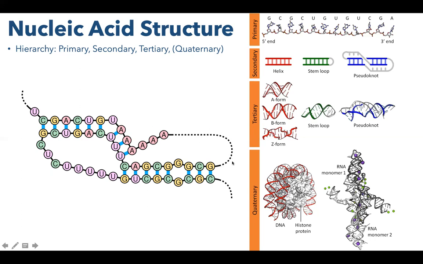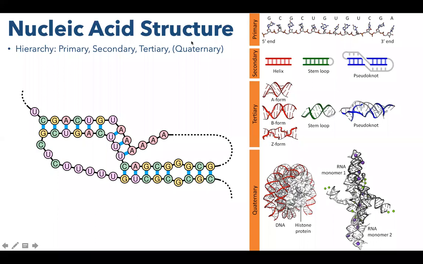After this first loop, we see another half of the second stem, followed by the second half of the first stem, and then finally the second half of the second stem. So this happens in one RNA strand, and this is what we call the pseudoknot.